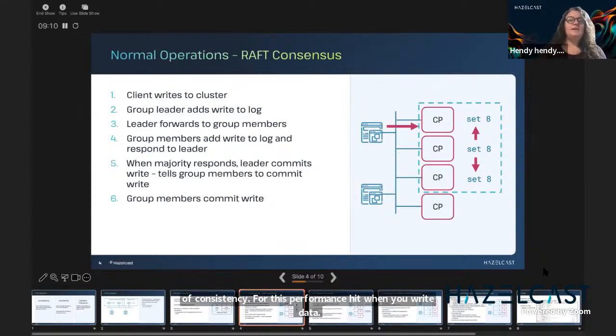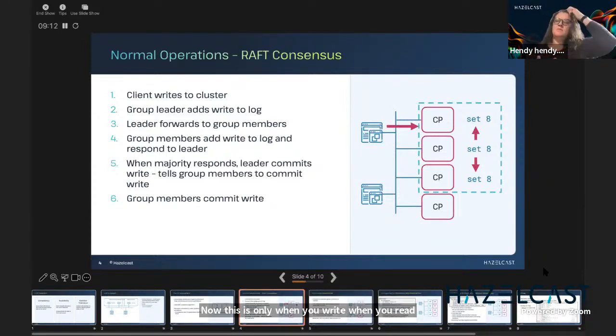When you read, performance is the same. We're still reading data out of memory, just like we do with IMap. So you are taking a performance hit, but you're trading performance for consistency. And if you are working in any industry where that data has to be 100% correct under all conditions, it's worth the trade-off.